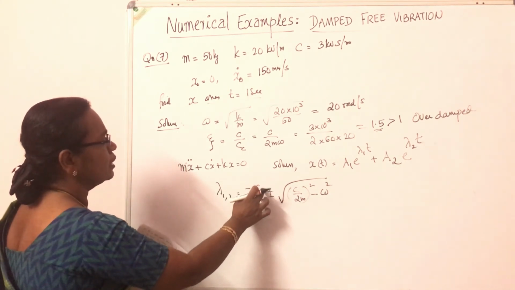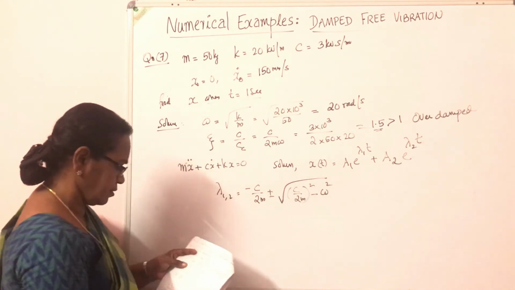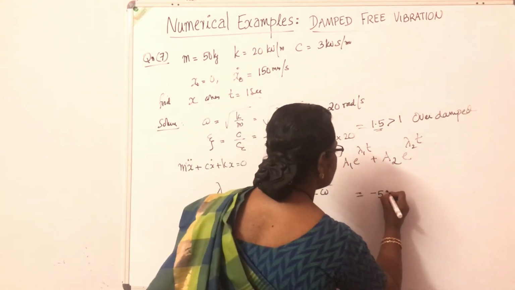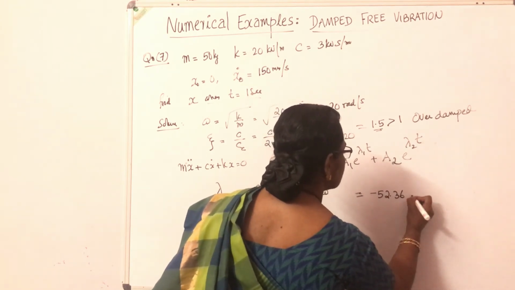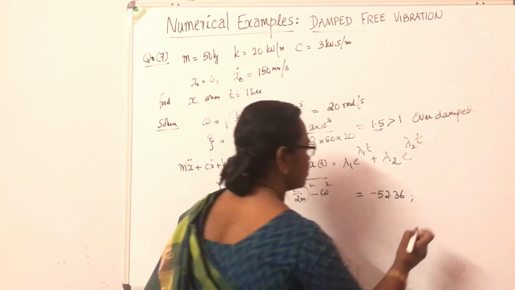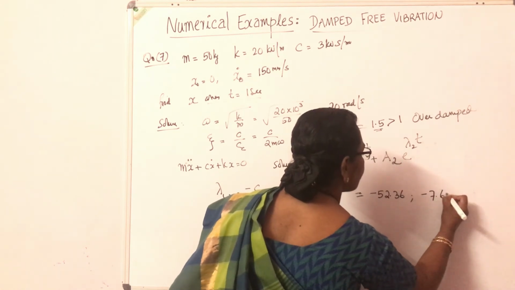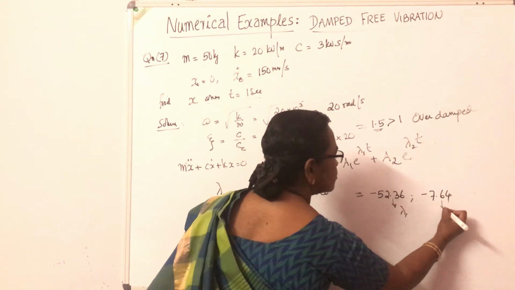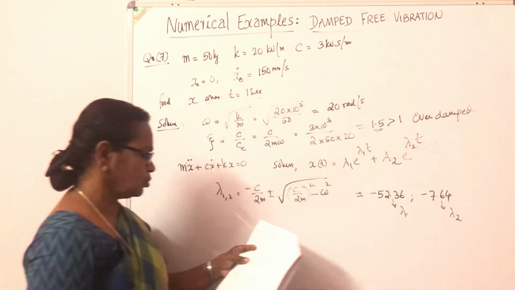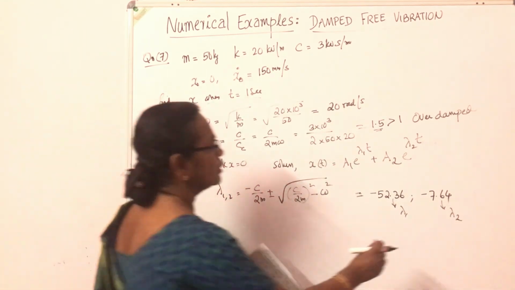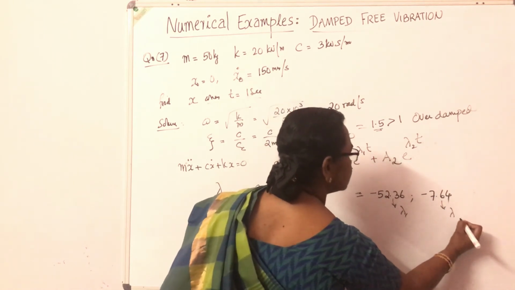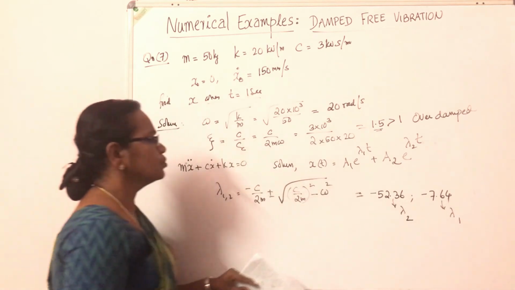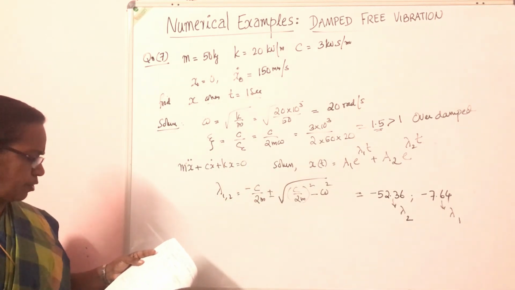Substituting c, m, omega, we will get the two roots, minus 52.36 and minus 7.64.